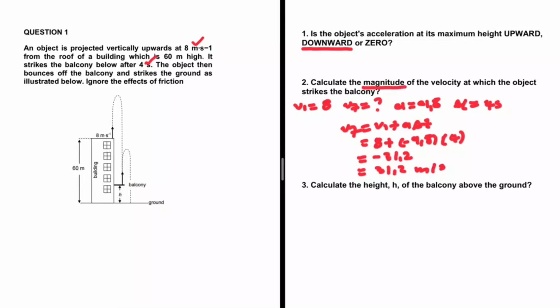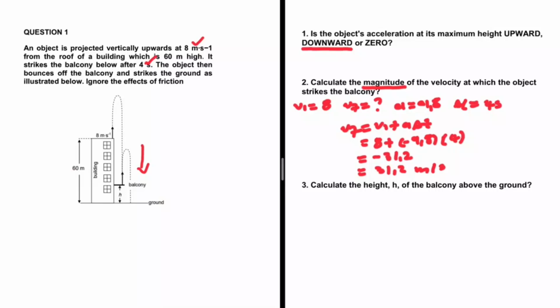We can just leave the answer as it is. If we were looking for the velocity, we would have to give the direction, which would be downward because our projectile strikes the balcony on its way down. But here we are only interested in the magnitude, so we can leave it like that. That is the second question.